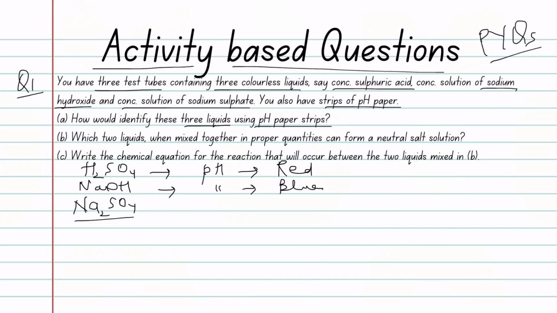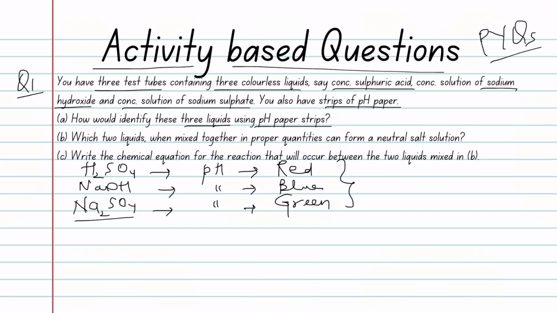Okay, so these are its parent acid and parent base. They are very strong acid and base. Therefore, upon combining, the salt that they produce is neutral. So Na2SO4, sodium sulfate, is neutral. It would turn the pH paper green since it's neutral, right?